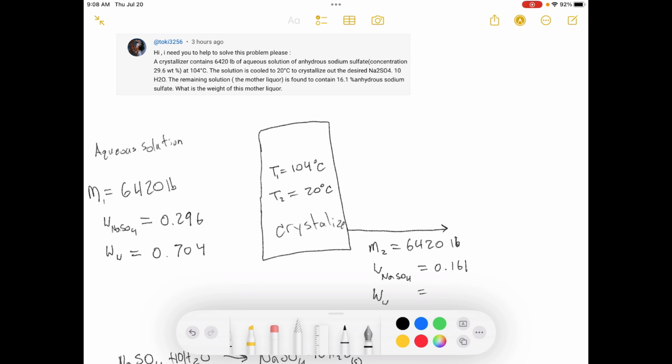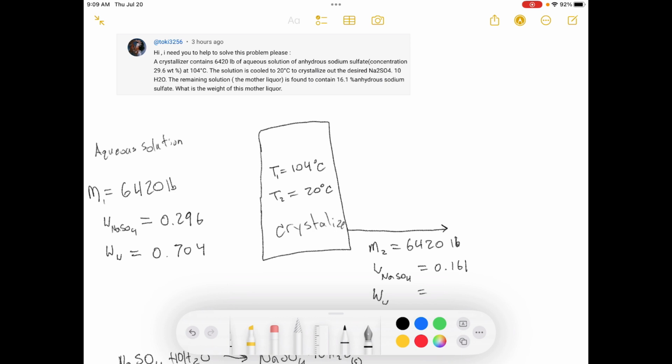It's slightly oddly worded. What threw me off is that it said an aqueous solution of anhydrous sodium. Anhydrous means no water, and aqueous means water. So it's like there's this water solution that has a salt in it that doesn't have water in it.